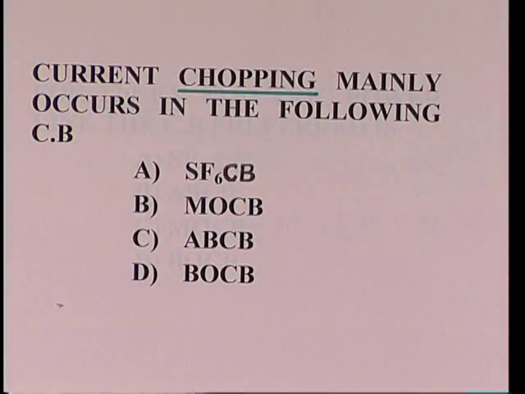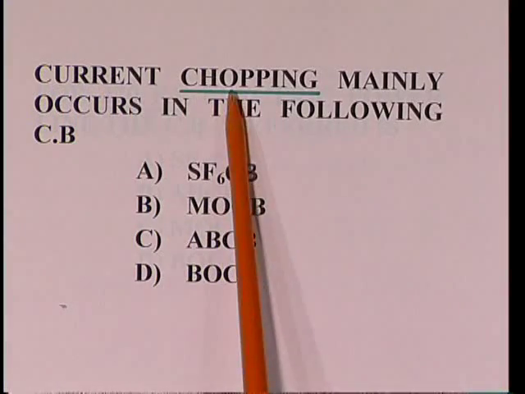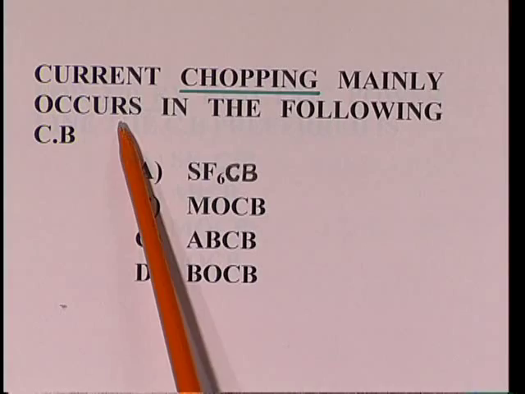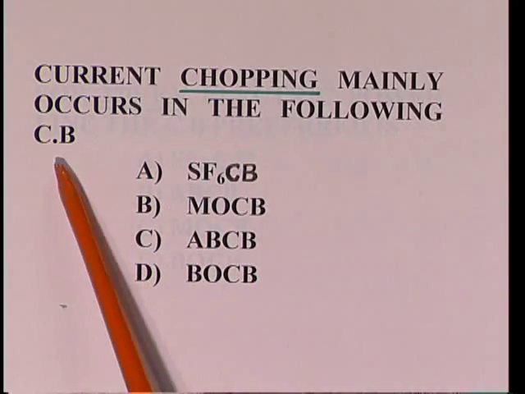So these are some of the electromagnetic relays and overcurrent relays. Here are some objective type questions. You follow these objective type questions. Current chopping mainly occurs in which circuit breaker?